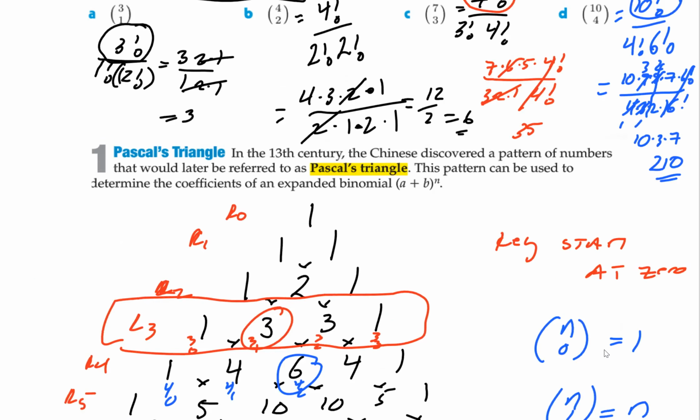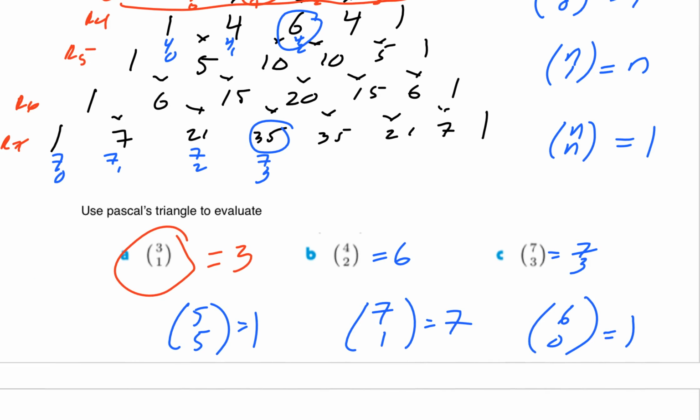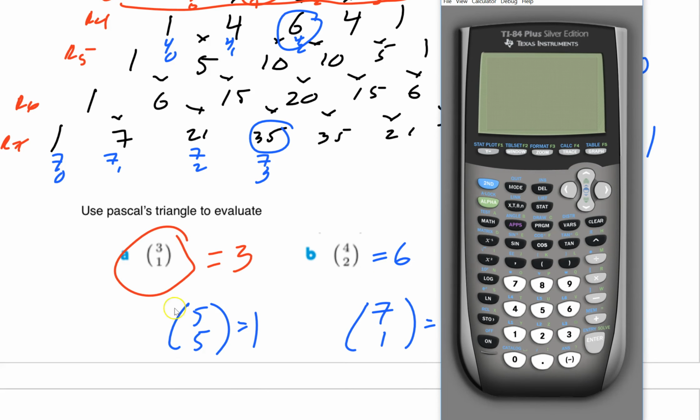What's the other way to do it? On your calculator. So if you bring out your calculator, the way we do, say, 3 choose 1, is we put a 3 down, you go to math, over to probability, and then nCr. That's what this is. It's choose. Then you put a 1, and you get 3.